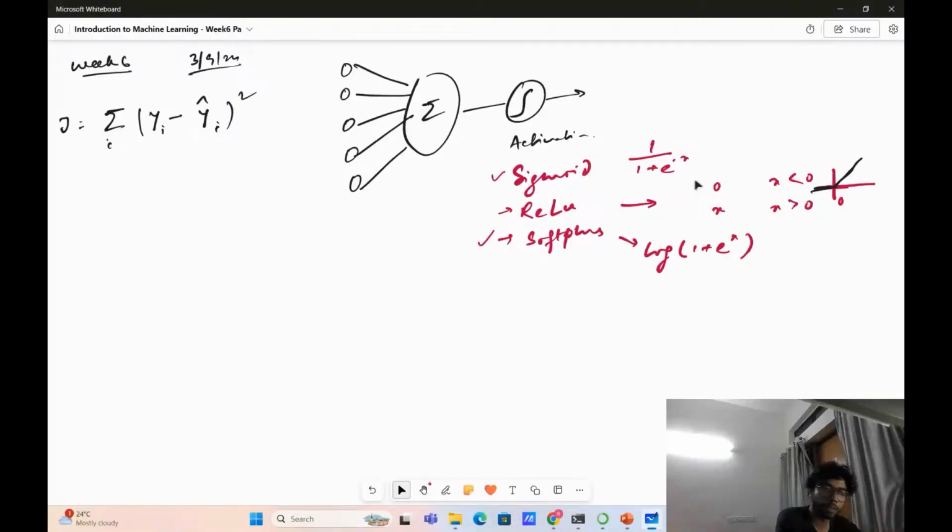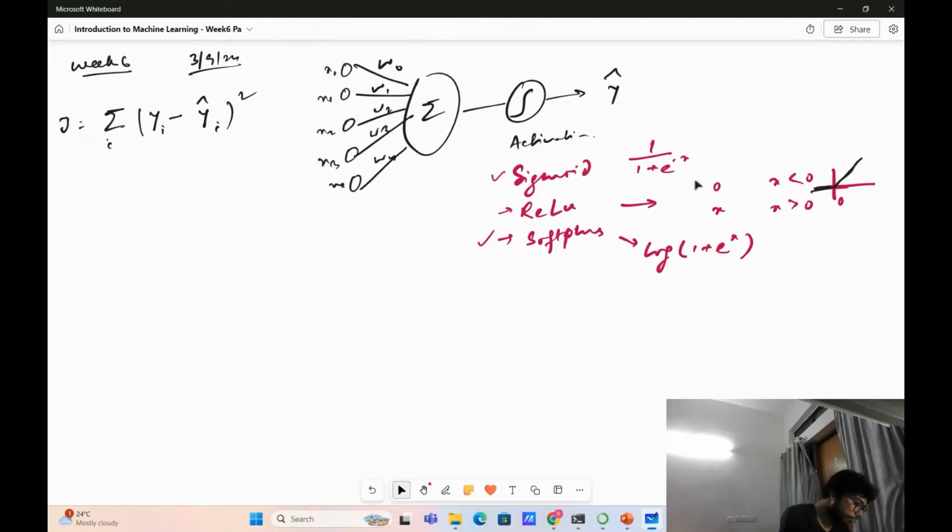So we will see how to use sigmoid and softplus as our activation function. What will change if we use the softplus function in place of the sigmoid function? The final layer will get the output as this, right? These are the weights W0, W1, W2, W3, W4, and these are my inputs, let's say X0, X1, X2, X3, X4.